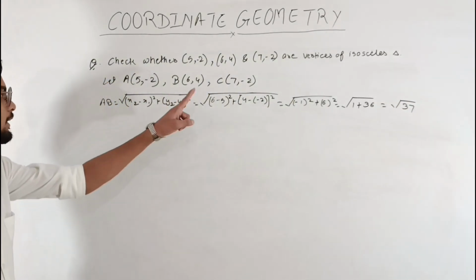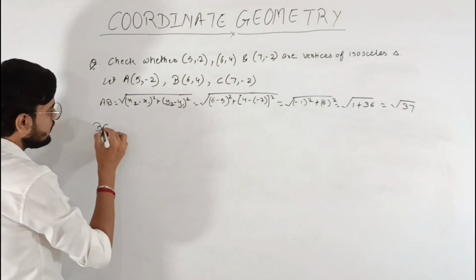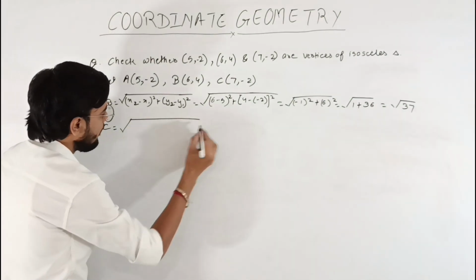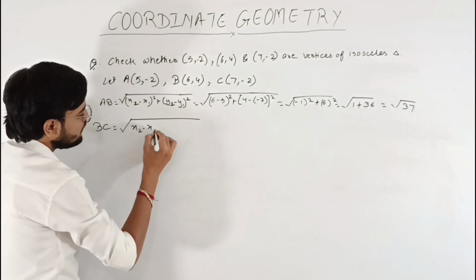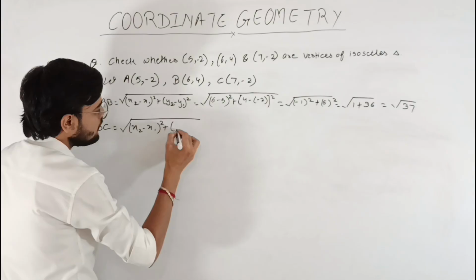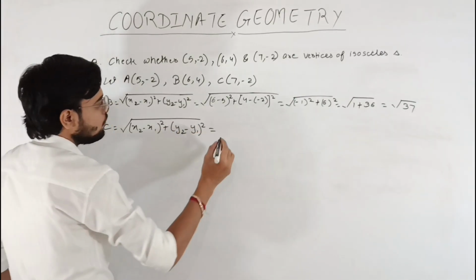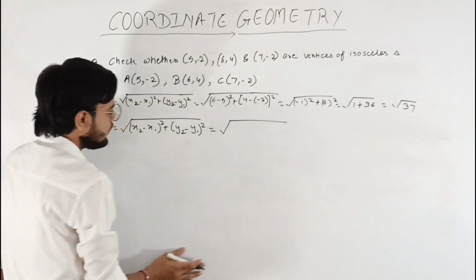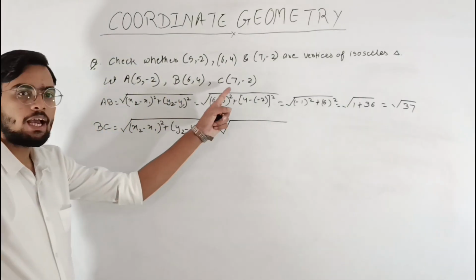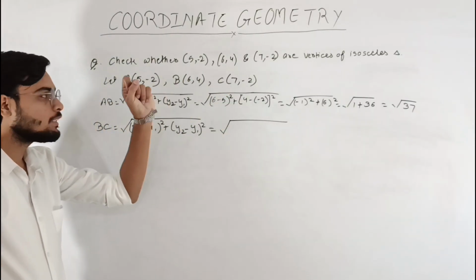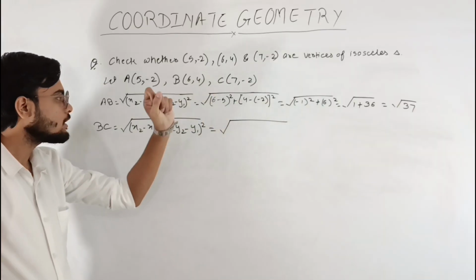Now let's find the distance between B and C. BC is again the square root of (x2 minus x1) squared plus (y2 minus y1) squared. Now look, which one is x2 and x1? In BC, x2 is 7, x1 is 6, y2 is -2, y1 is 4.